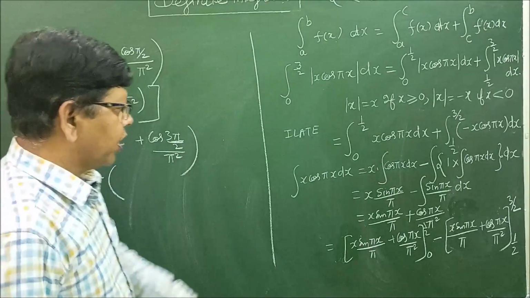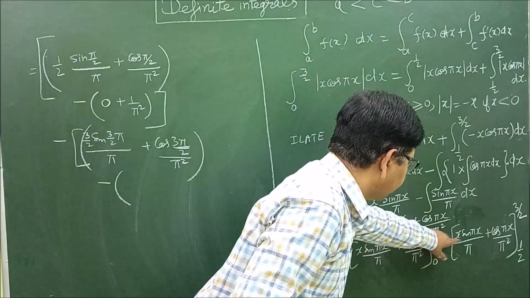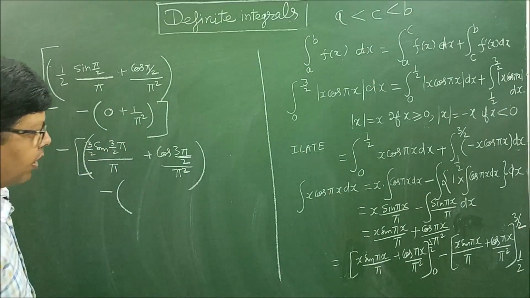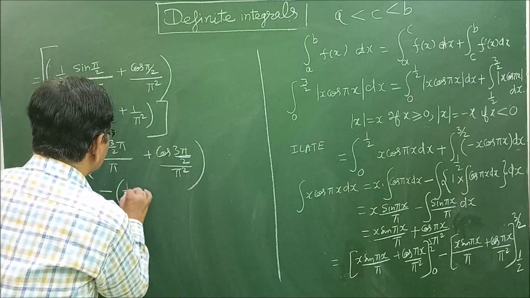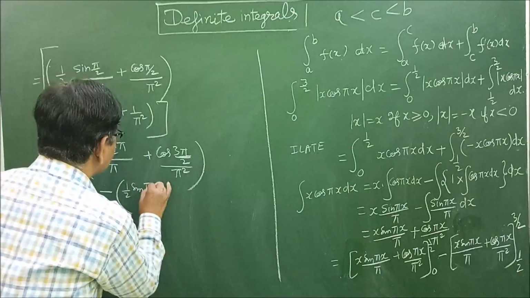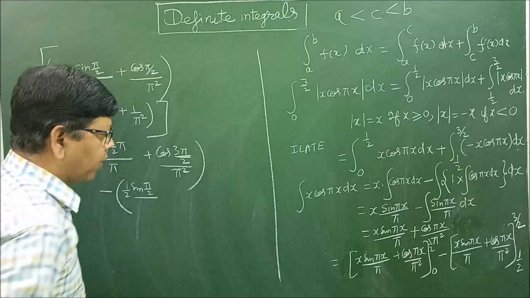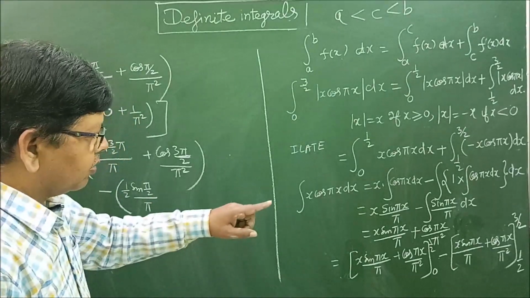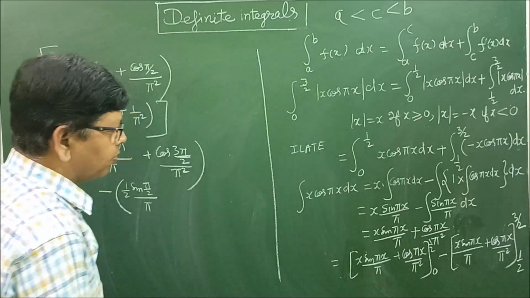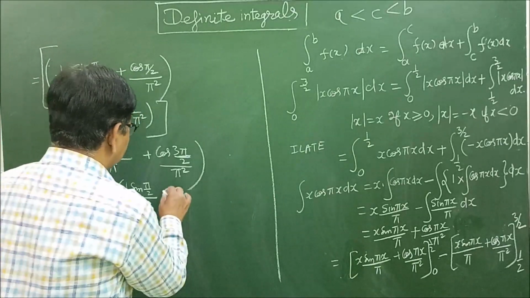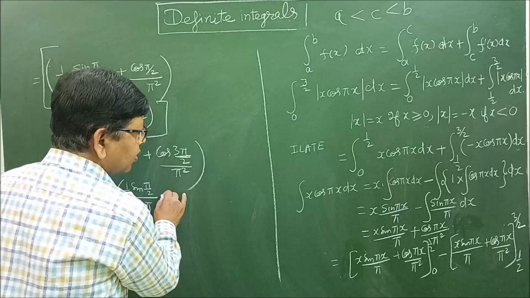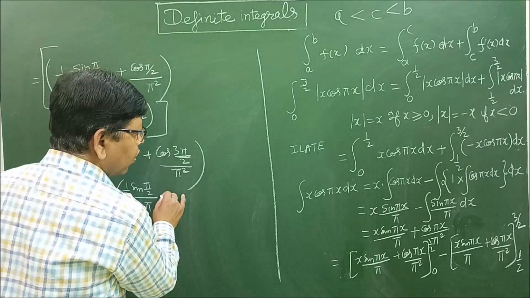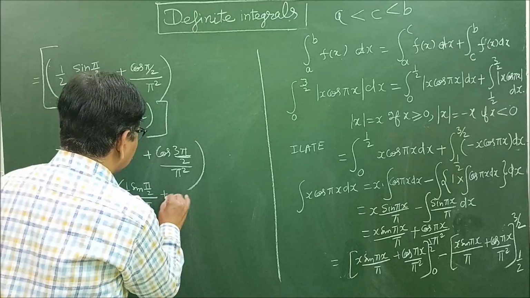Minus, putting x is equal to 1 by 2 here, then 1 by 2 sin pi by 2 upon pi, and then cos pi by 2 upon pi square.